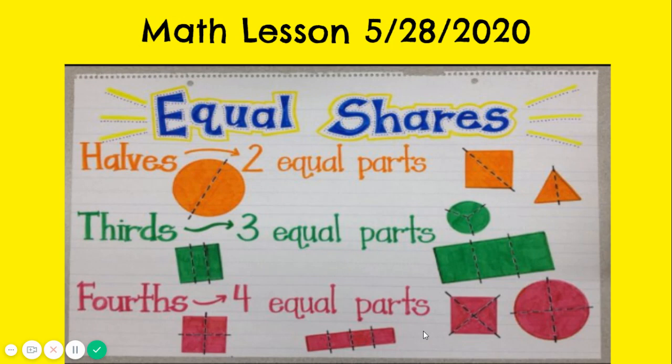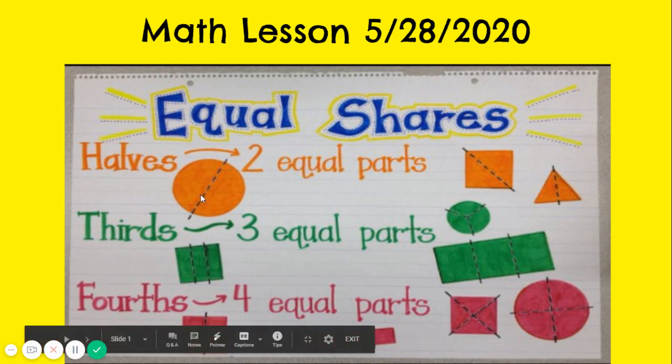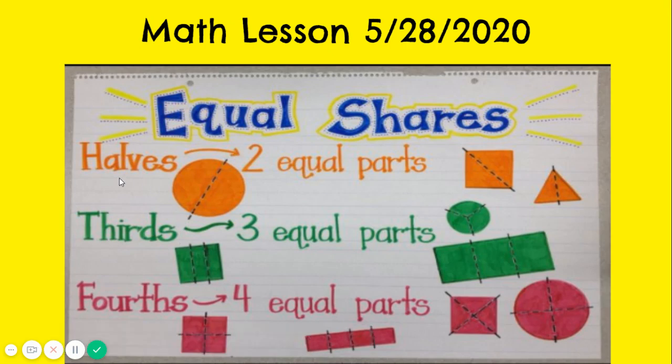Today we're going to be talking about equal shares and what equal shares are, and we're going to give you some examples of equal shares. If you look at the anchor chart on this screen, it shows you what equal shares are. The orange circle has been divided into two equal parts.